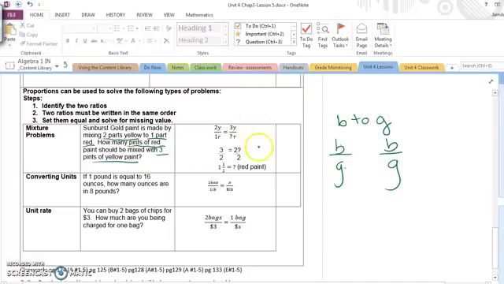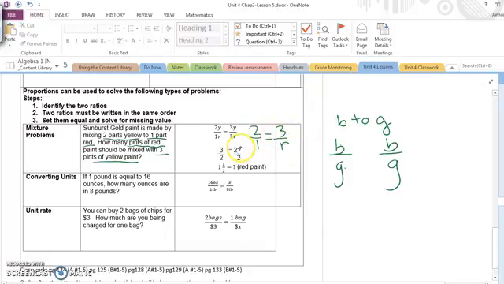Now from here we simply cross multiply. So we have 2 times, this will be 2r because this is representing our r, or 2 question mark, however you want to write that. Just remember the yellow and red, we don't have to write that. I only wrote that to clarify to you where your units were. So truthfully, this should have been written as 2 over 1 equals 3 over r, because we're asking about red paint.